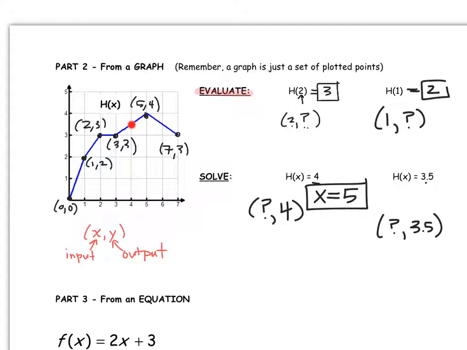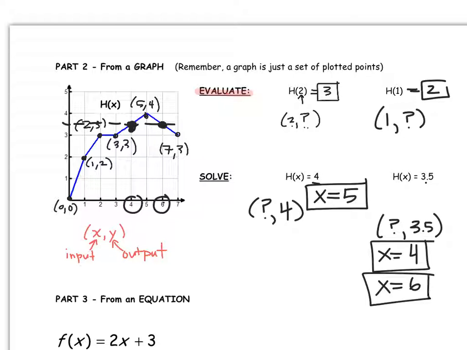This point right here and this point right here both have a y coordinate of 3.5. So this one is x equals 4, and the other point is x equals 6. This one has 2 answers.